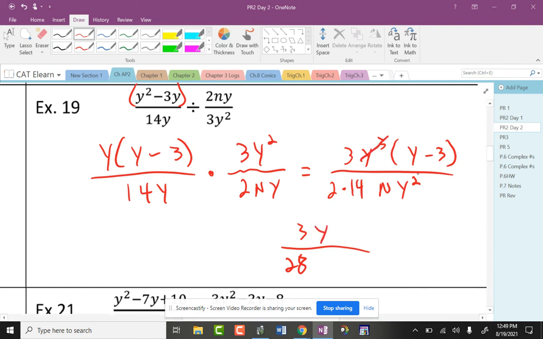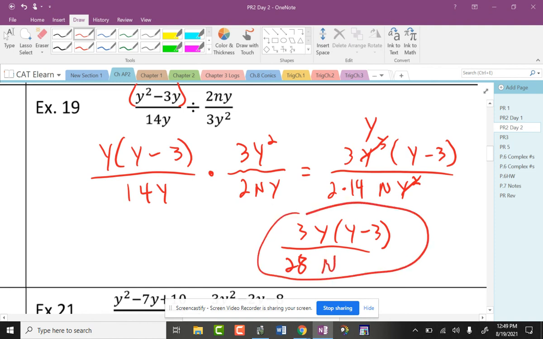This would cancel with this, and there'd be a y left over. And I guess that's it. Y minus 3 is still up on the top. And then I already did 2 times 14, which is 28. Don't lose that n. That's kind of a messy one. The final answer isn't all that great, but that's what it is. At least something canceled. Best thing to do is to organize your thoughts on that one.